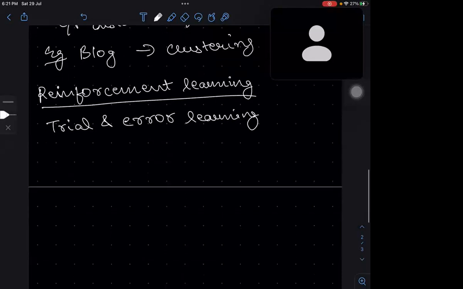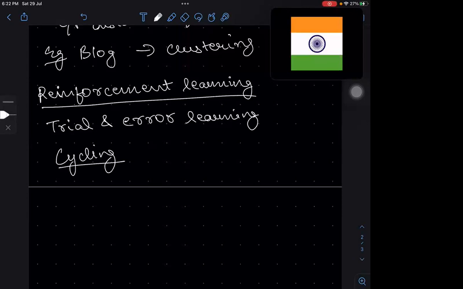The professor also discussed cycling. So is cycling unsupervised, supervised, or reinforcement learning? Reinforcement learning, ma'am. Why is it not unsupervised learning? Because the subject itself has to figure out how to cycle by interacting with the environment.